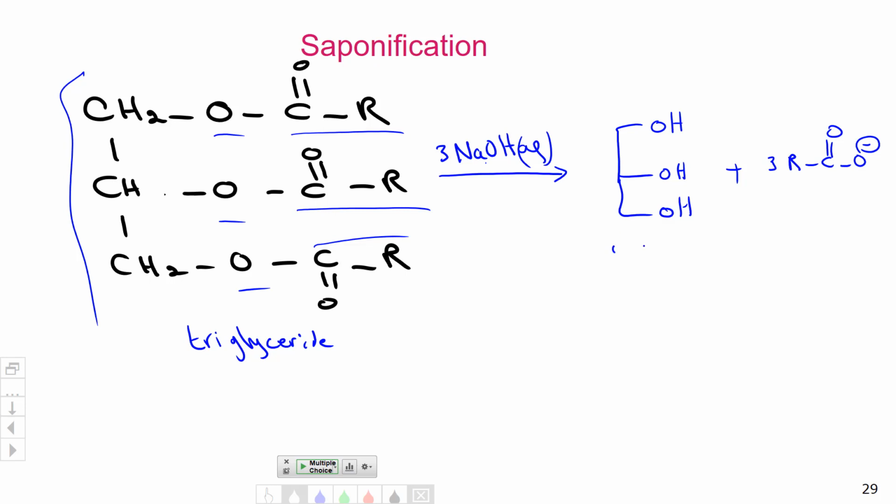Now, this in here is a glycerol. And you might know it by its more common name, glycerine. And it is used in cosmetics. Actually, it's a common moisturizer in everything we use as cosmetics. The reason that it is a moisturizer is the fact that it has 3 OHs.